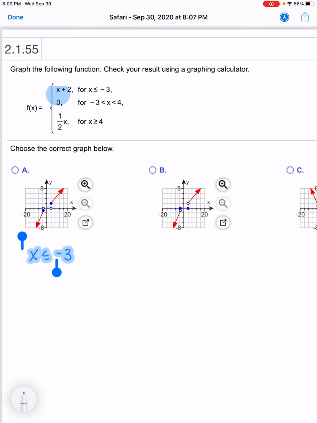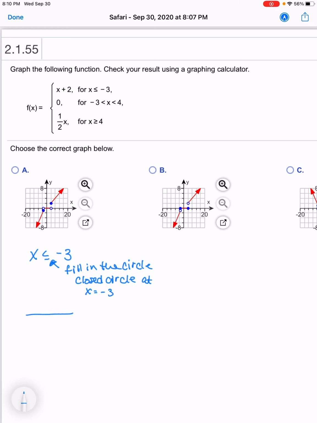Since we have an equal sign here, that equal sign is going to tell us that we fill in the circle, or that is, we have a closed circle at x equals -3.